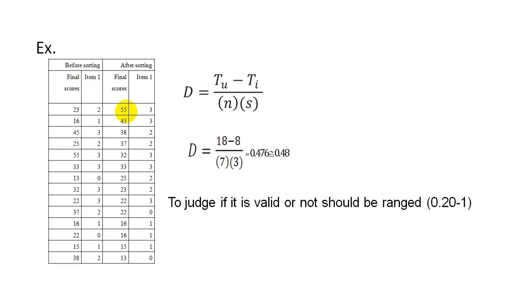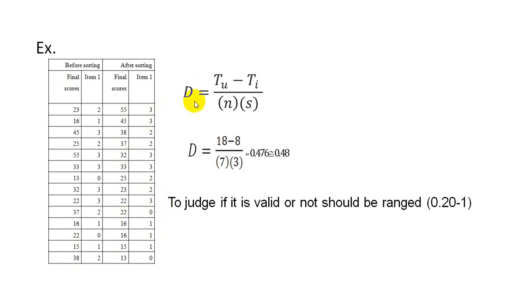Now we have 55, and of course with 55 we put the item in front of it. 3, 45, 3 again, 45, 3, 38, 2, 2. Here we sort from the largest to smallest and put the item for each one in front of its score.